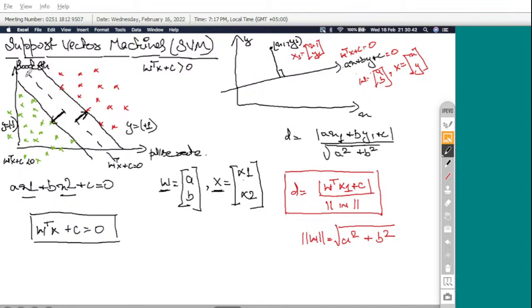Let's say there is a hyperplane somewhere here. This cannot be a best fit hyperplane because distances are not maximized in this hyperplane, right? So we need to maximize the distances, then only this hyperplane will get shifted and we will get a best fit hyperplane. Make sense?